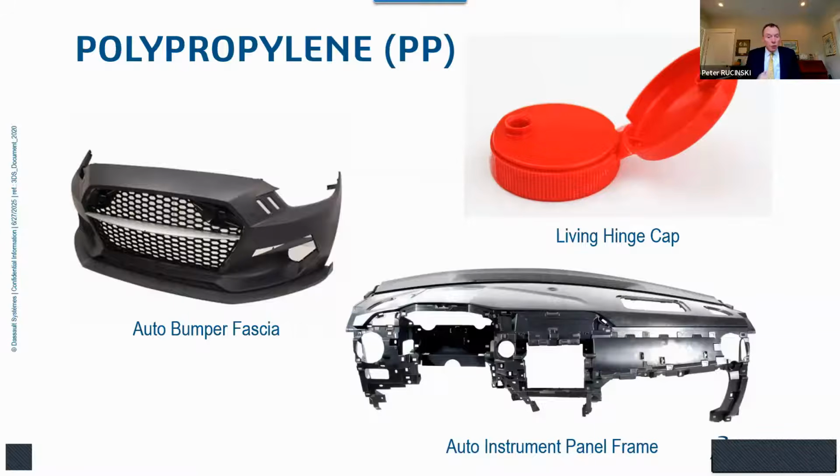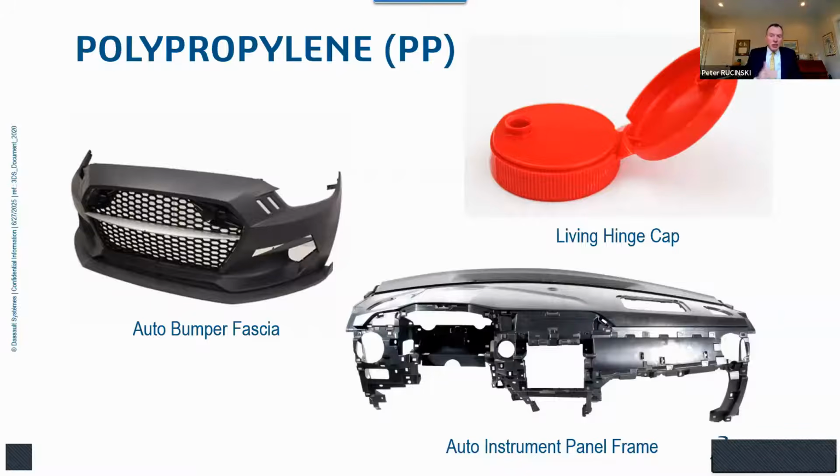So you would have one grade or one formulation of polypropylene for the automotive bumper fascia. The bumper fascia is going to require some flexibility, some impact strength, UV resistance, chemical resistance. The automotive instrument panel frame probably going to require more stiffness and rigidity versus the automotive bumper fascia.